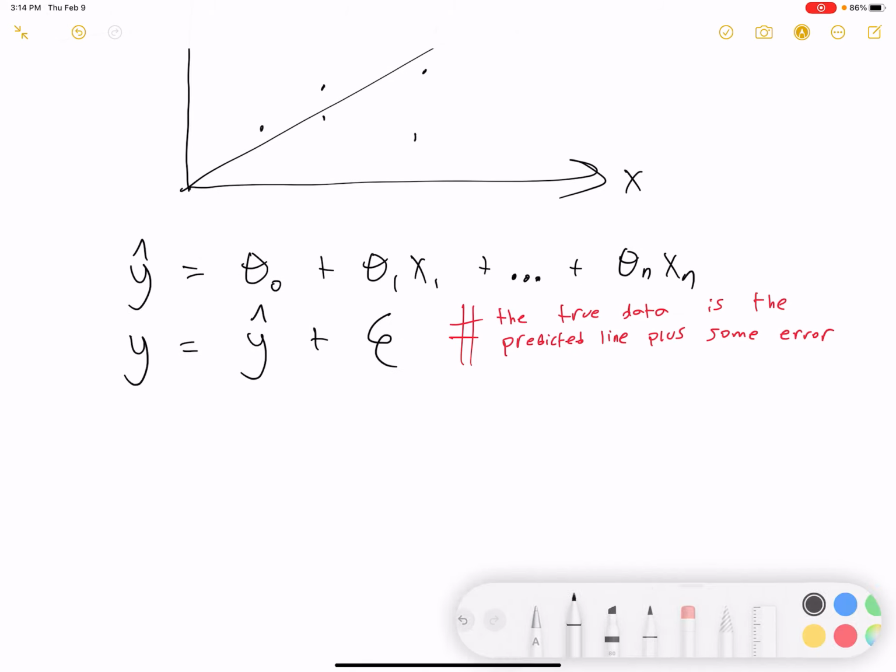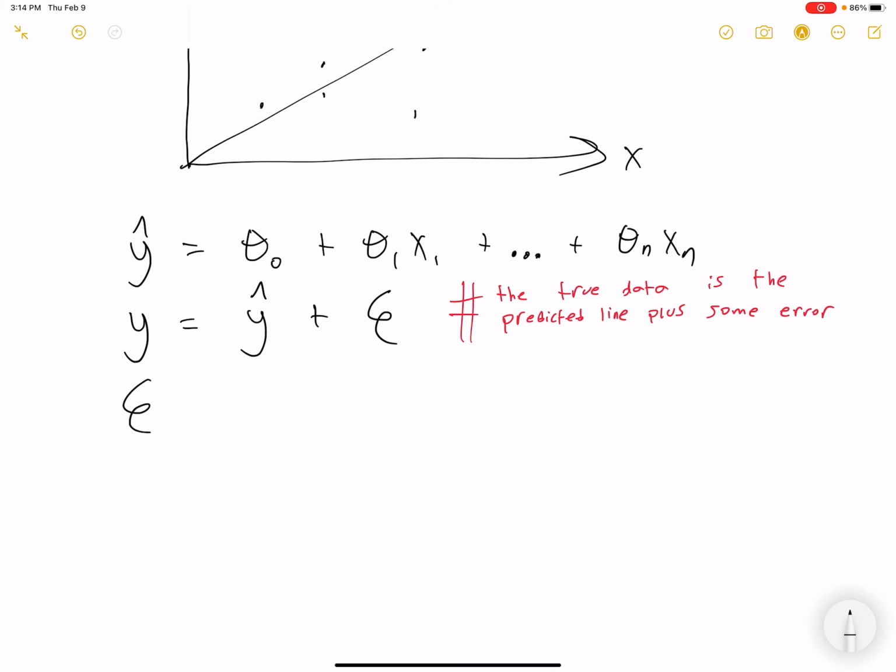And we can model the error as being sampled, this is new notation, from a normal distribution where the mean is at 0 and that has some standard deviation sigma and variance sigma squared.